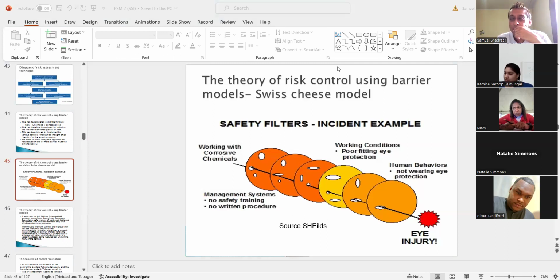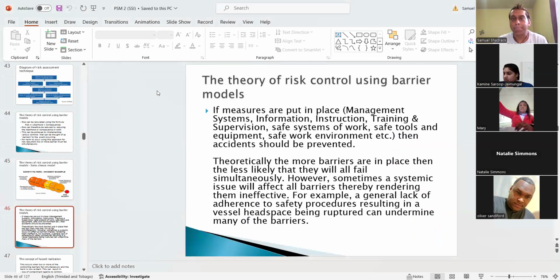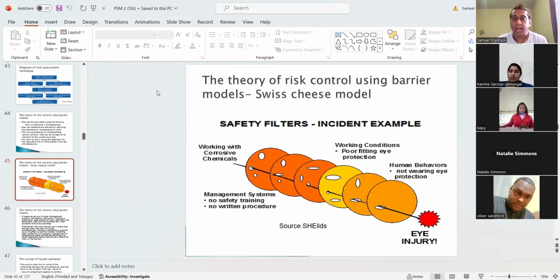So he came up with this theory, and just to make life short for you, he described an accident or the causes of an accident as having what are called active and latent barriers, or failures.